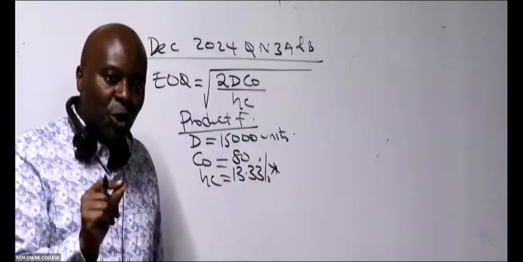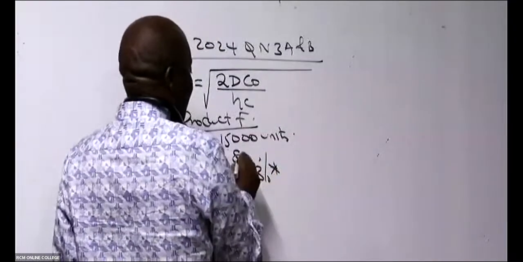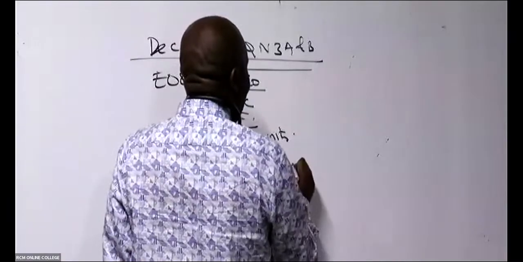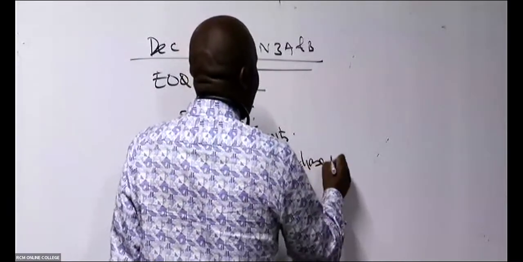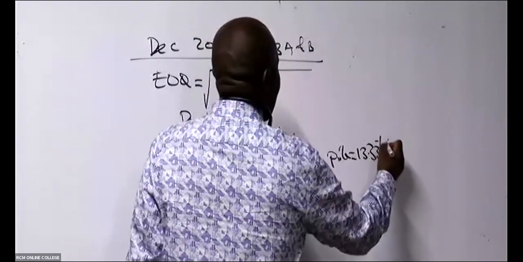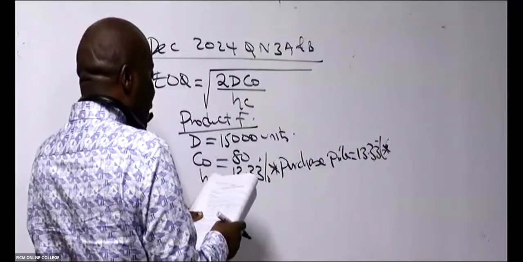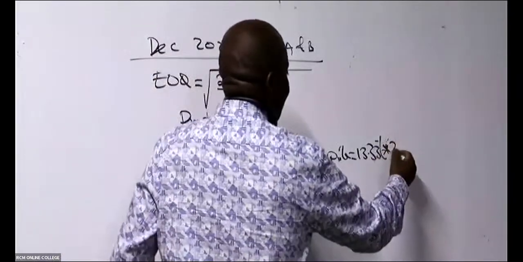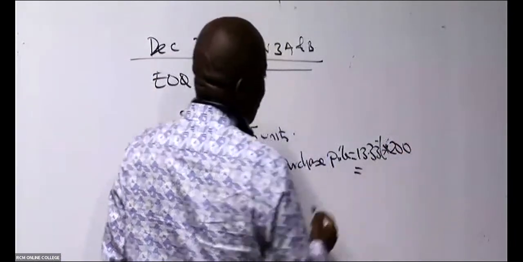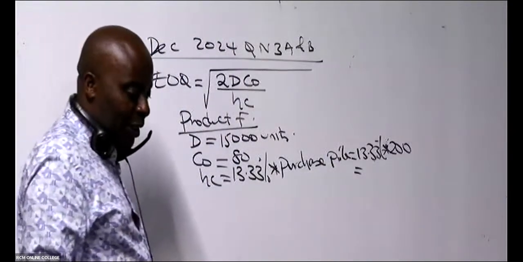So holding cost will be 13.33% times the purchase price of F. I can see purchase price is 200. Is there somebody who is able to give us this number? Yeah, they're giving me a figure of 26.67.